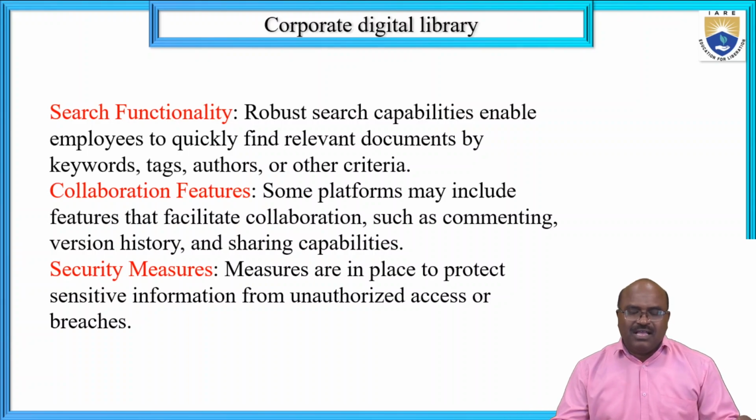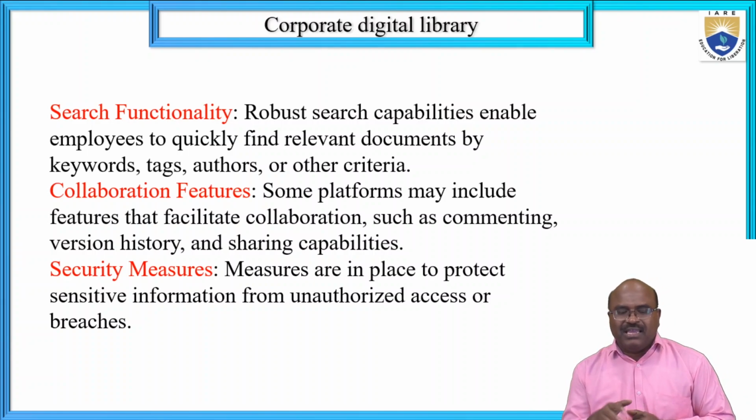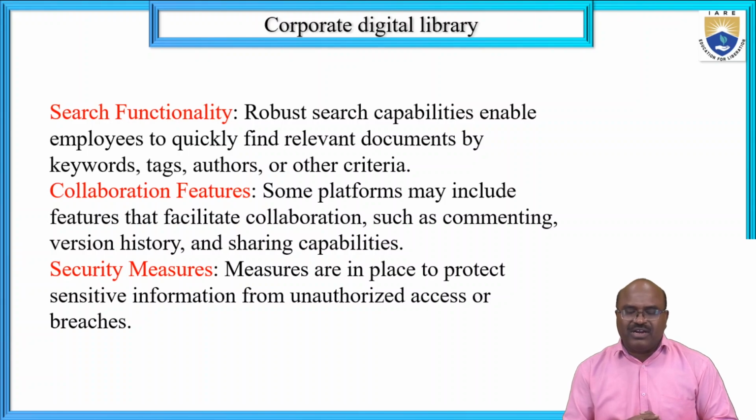Here, search functionality is one of the most powerful searching tools in the corporate digital library. Its main aim is robust search capabilities that enable employees to quickly find relevant documents with the help of keywords, tags, authors, or other criteria.